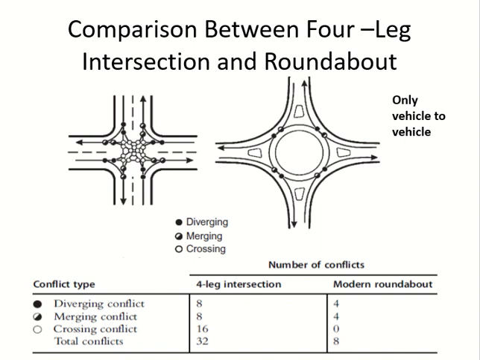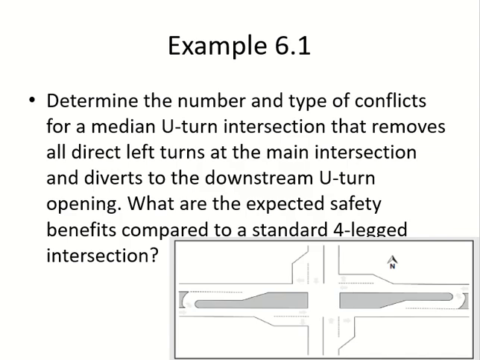So this is how you can compare between different options, but this one is only showing vehicle to vehicle. Obviously you can add the pedestrian to vehicle as well. You can add pedestrian crossings as well here. But if you add them here, then they will be added here as well. Okay, so it's the same, right? For pedestrian it will remain the same. So this is how you can compare between different types.